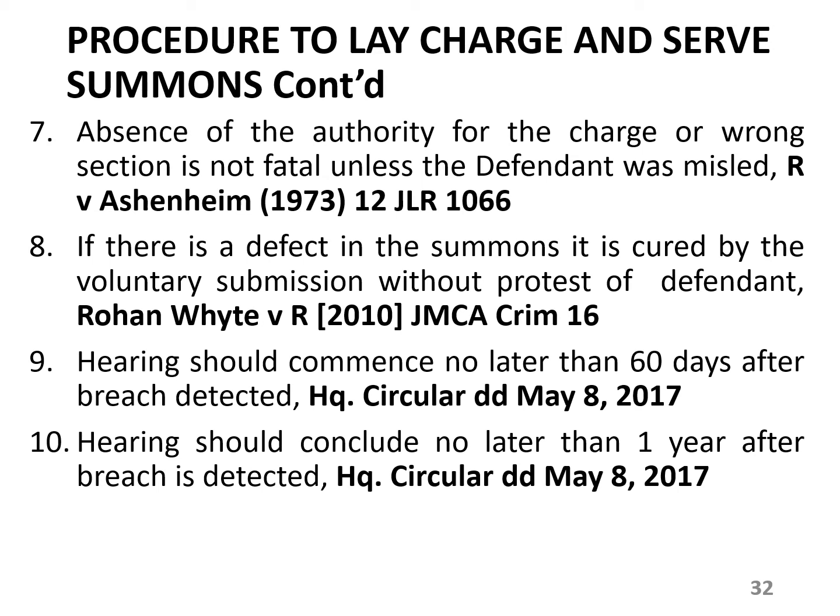But if it is not there, or if you put the wrong section there, as long as the person knows what they are before the court for, then the trial can go on, the hearing can proceed. Number eight, if there's a defect in the summons, it is cured by the voluntary submission without protest of the defendant.